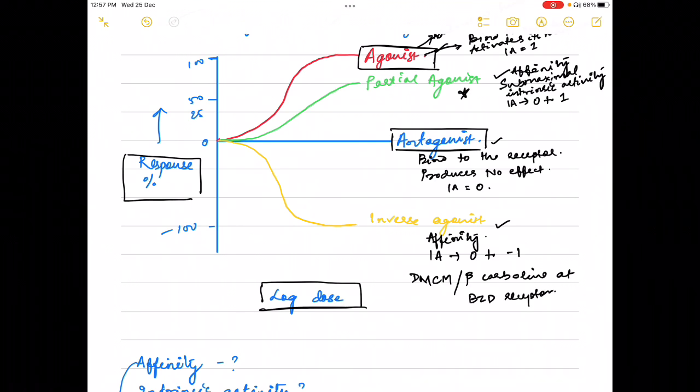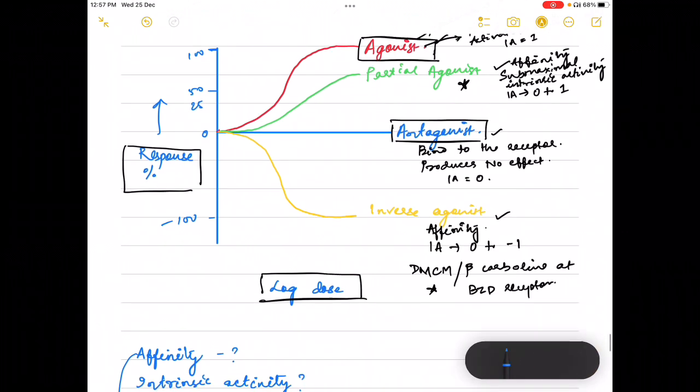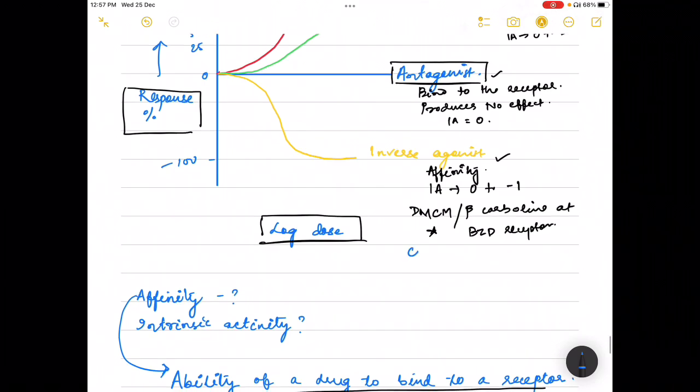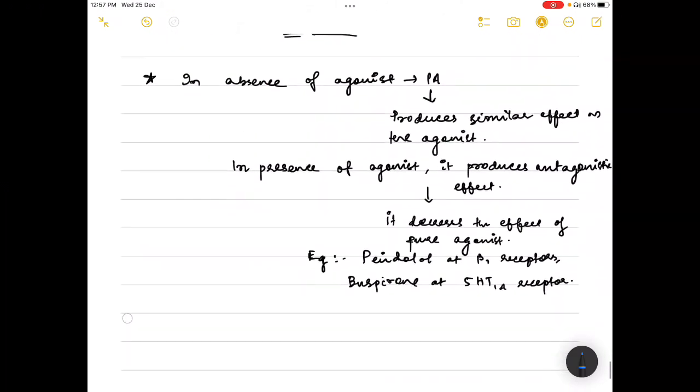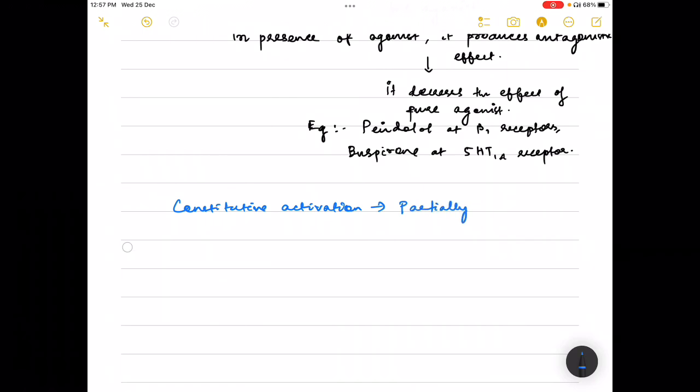Now here I want to mention a point that only the receptors which have constitutive activation manifest inverse agonism. So here we need to know about constitutive activation. What is this constitutive activation? This means that the receptors are partially active even in the basal state.